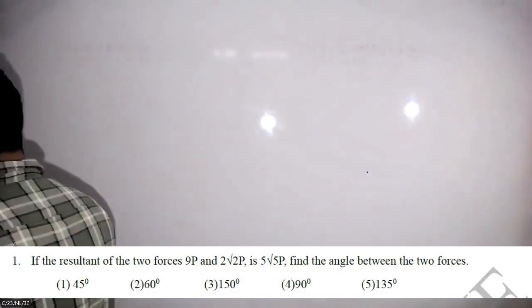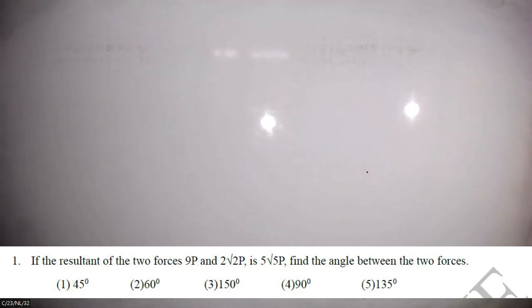If the resultant of two forces, 9P and 2 root 2P, is 5 root 5P, find the angle between the two forces. Right.